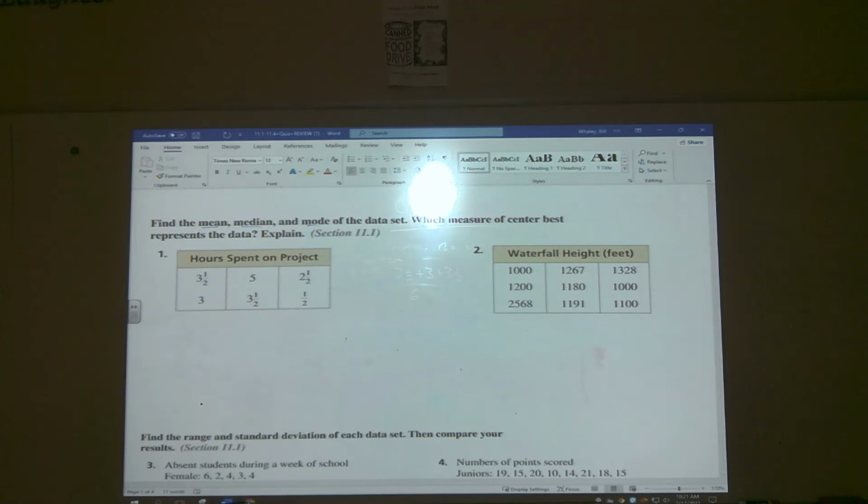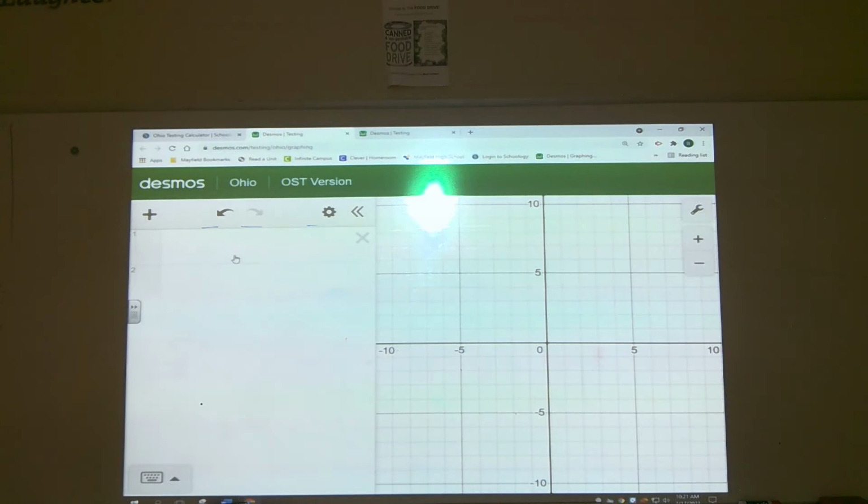go to your Desmos calculator. Remember, we have to put these things in a table. So add a table from the plus, put them all in one column.